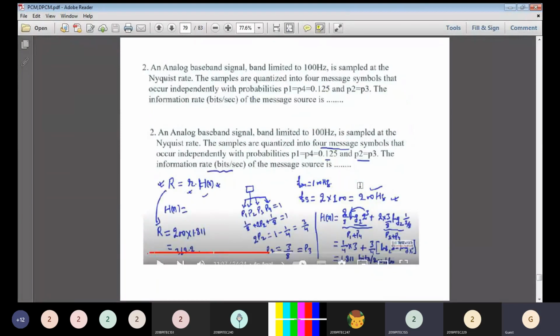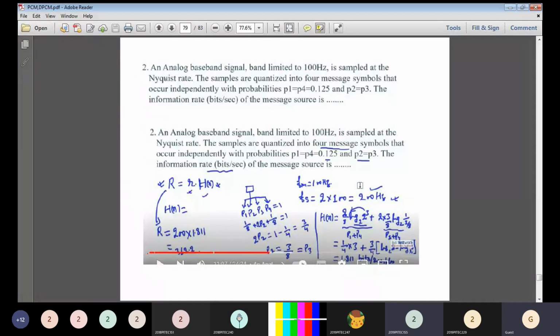An analog baseband signal band limited to 100 hertz is sampled at the Nyquist rate.